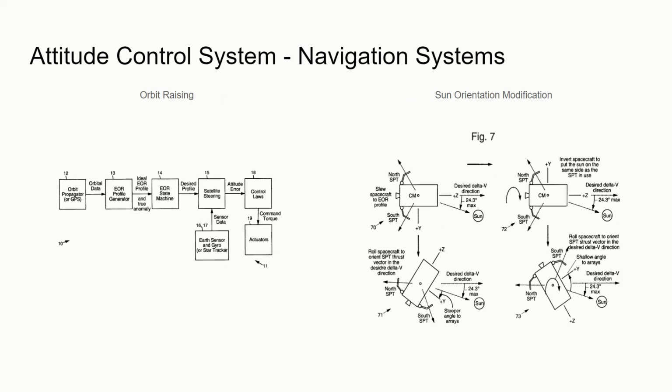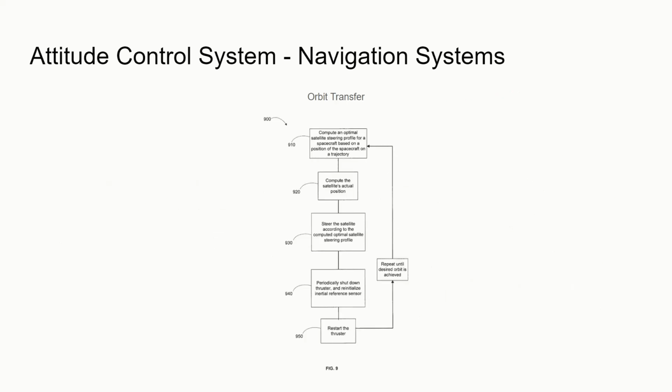And then sun orientation modification is used to acquire the sun and for reacquisition of the sun during emergency procedures. So the aircraft will measure the orientation towards the sun and will try to correct it should any error occur. And then the last is orbit transfer, which is done to transfer the orbit during the launching phase.